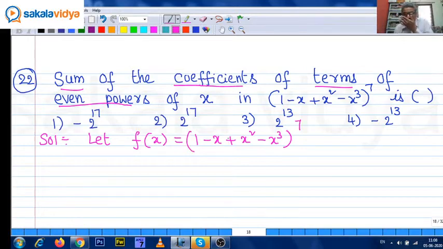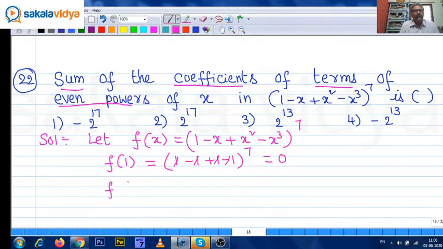Find f of 1 and f of minus 1 also. Let us find out f of 1: 1 minus 1 plus 1 minus 1 raised to 7. Here the 1s get cancelled, 0. Now f of minus 1: 1 plus 1 plus 1 plus 1 to the power of 7. This is 4 raised to 7.